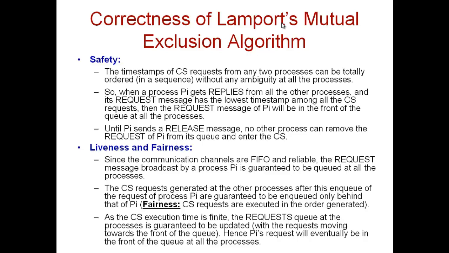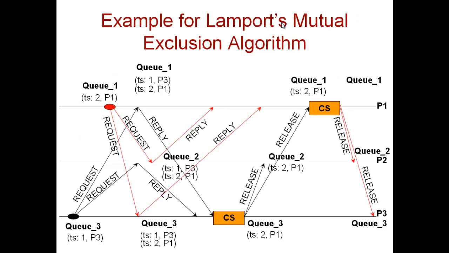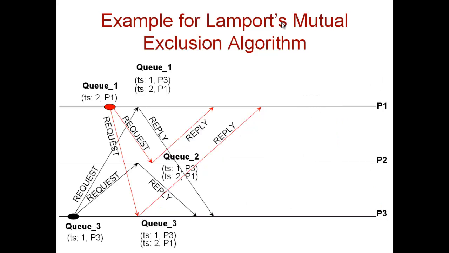Which means only one process's request message is going to be in the front of the queue. So if you have all those request messages, like in this case P1 and P3's request messages, we know that when P3 is entering the critical section, only P3's request is in the front of the queue at all the processes.